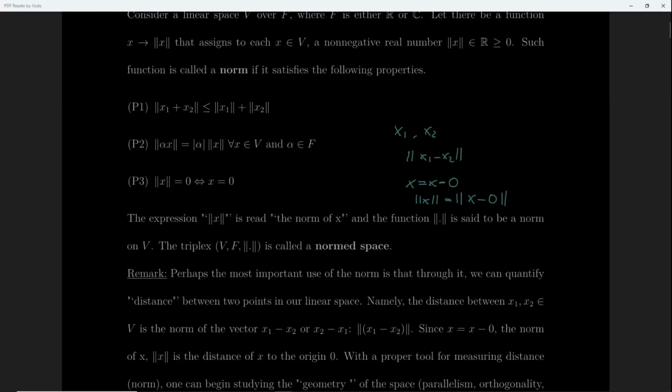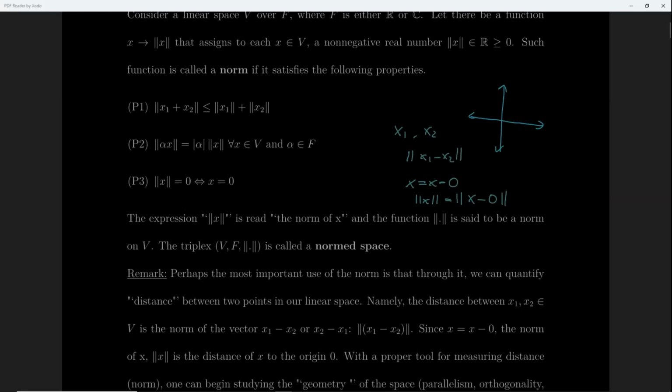But the important thing is that once you can define the distance of the vectors to the origin, you can define unit balls in the vector space, right? So, for example, let's consider the 2 norm, which we will see in a second.